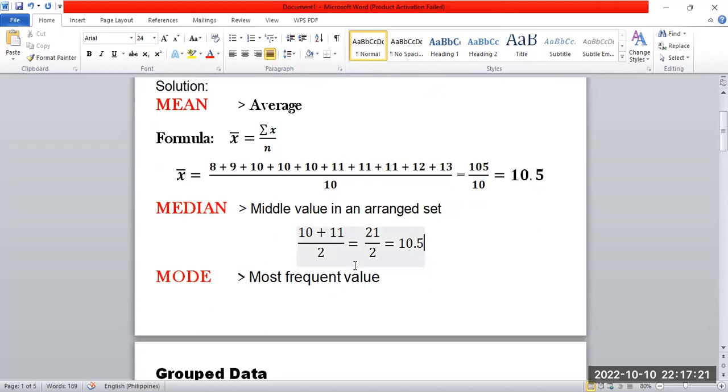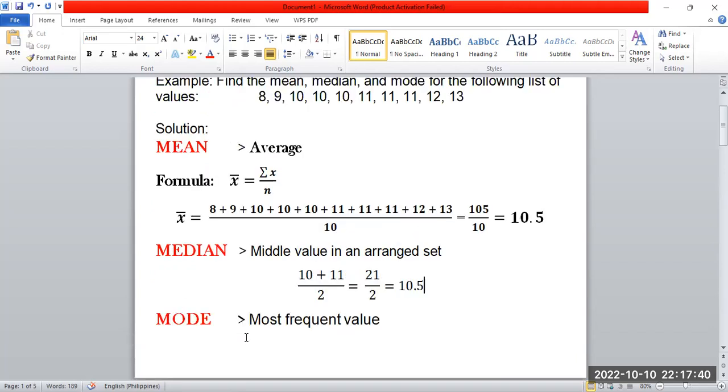This is the number or the value which is the most frequent, yung may pinakamaraming bilang. Pinakamarami. So kahit na merong number na madaming bilang, pero hindi siya yung pinakamarami, that is not the mode.